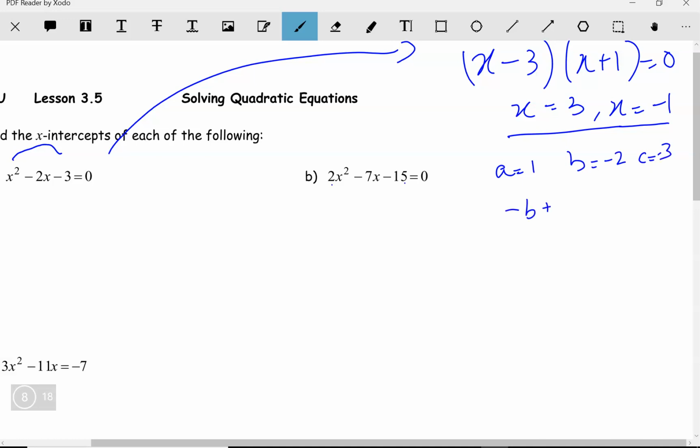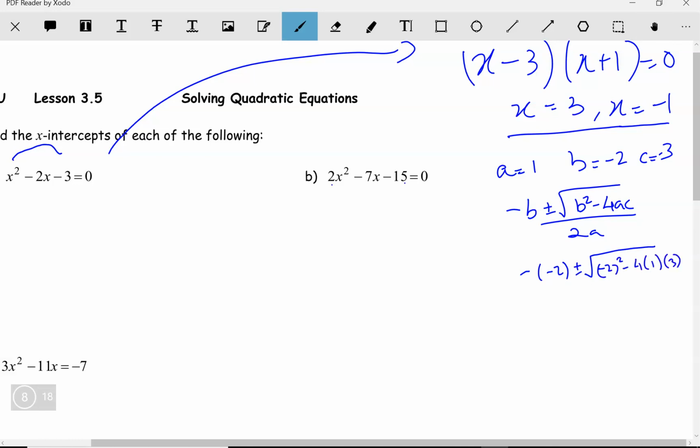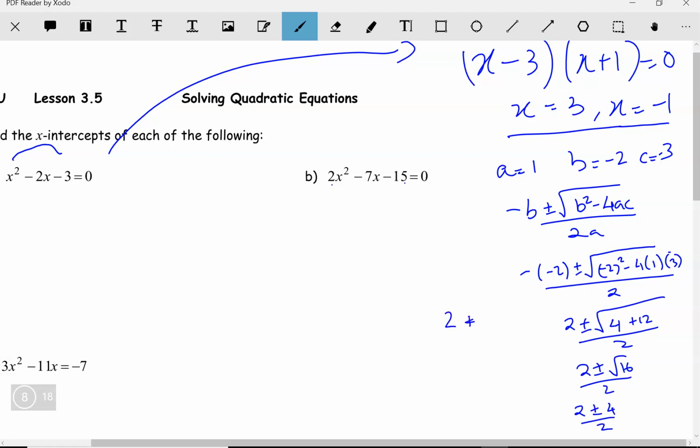Putting it in the formula, -b plus or minus the square root of b squared minus 4ac, over 2a, we get 2 plus or minus the square root of 4 plus 12, divided by 2, which is 2 plus or minus the square root of 16 over 2, which is 2 plus or minus 4 over 2. That's 6 over 2 or -2 over 2, which is 3 or -1. Voila, we get the same answer.